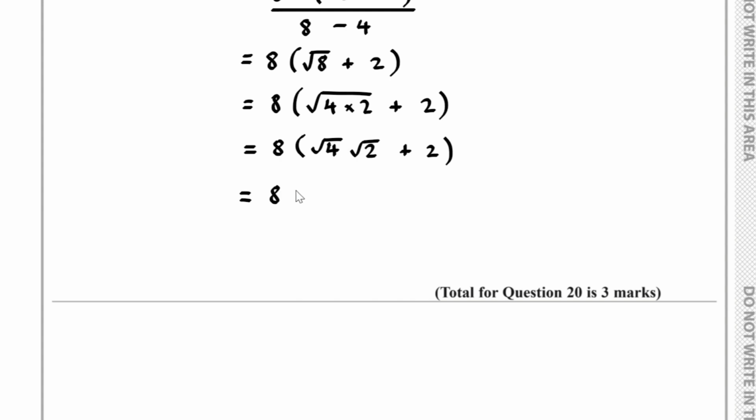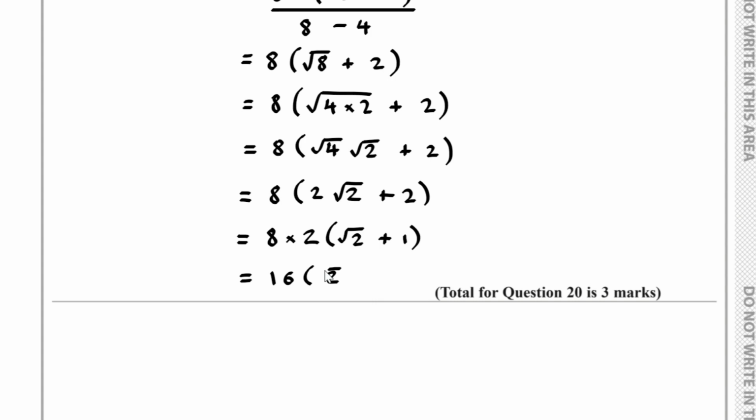So I've got 8 times by 2 root 2 plus 2. And if I take out a 2 as a common factor, I've got 8 times by 2 times root 2 plus 1, which is the same as 16 times the square root of 2 plus 1.